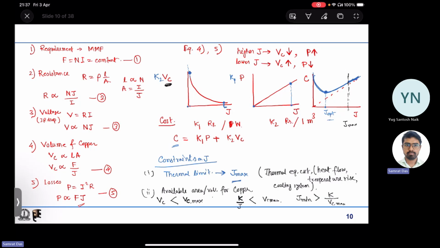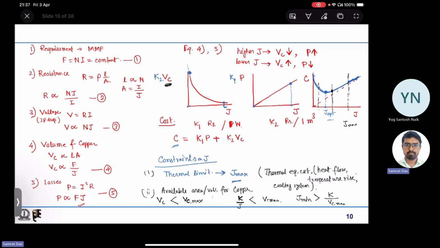So J min may be lower than J optimal, or it can be higher than J optimal. Then we do not have any other option than choosing that corresponding J value only.